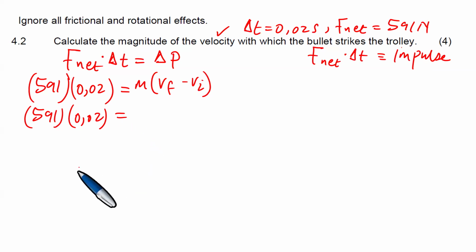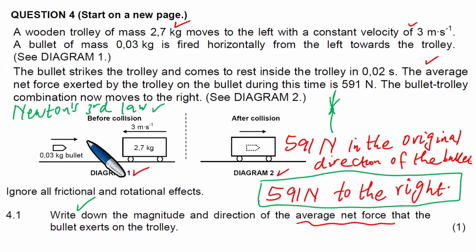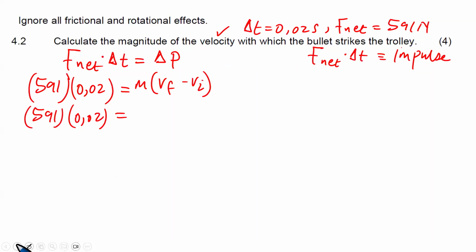The mass of the trolley is 2.7 kilograms and the bullet has a mass of 0.03 kilograms.